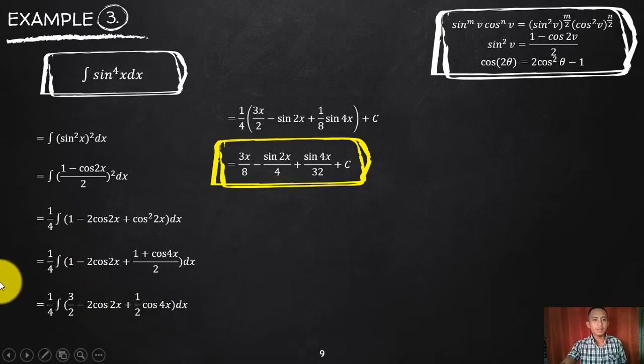So the bigger your even integer is, the longer your solution, because you will be repeating this again and again. Imagine if this is 6, I bring that outside and it becomes 3. So I will expand this, which means multiplying this 3 times, and that will be very, very long.